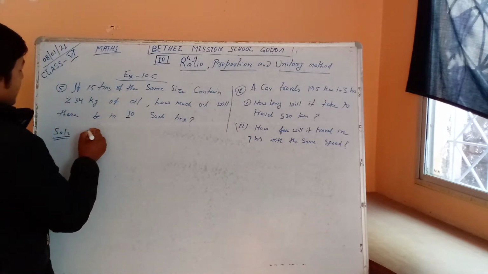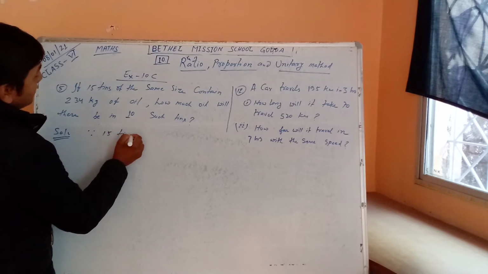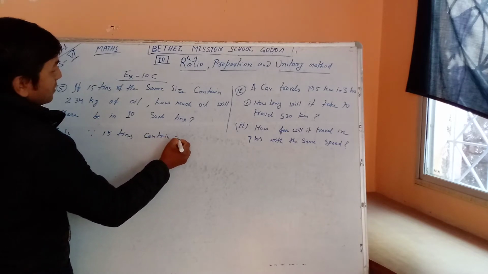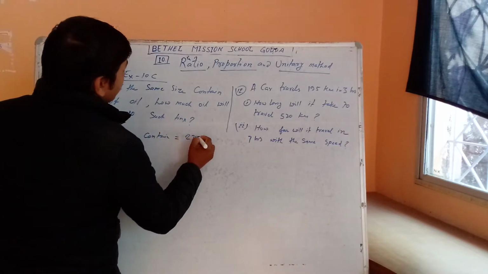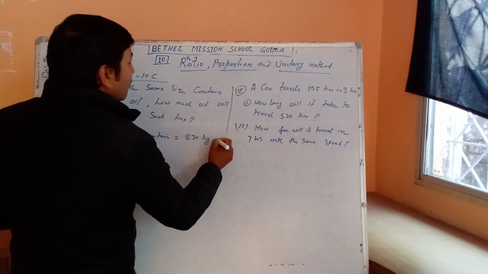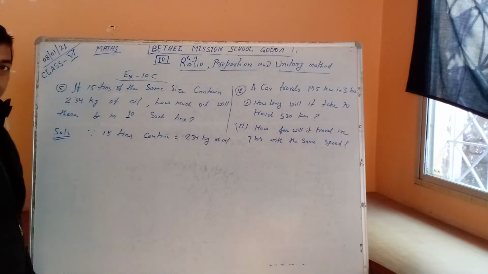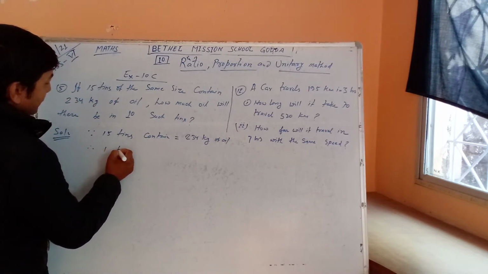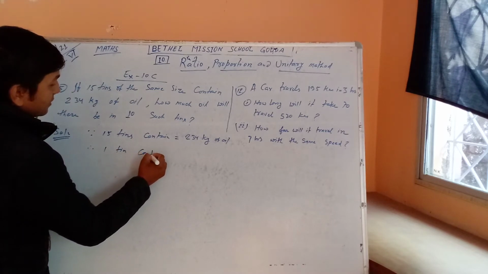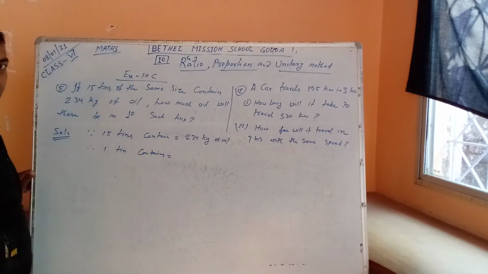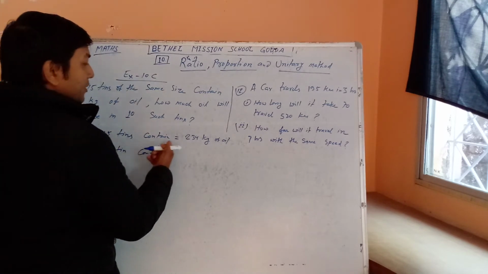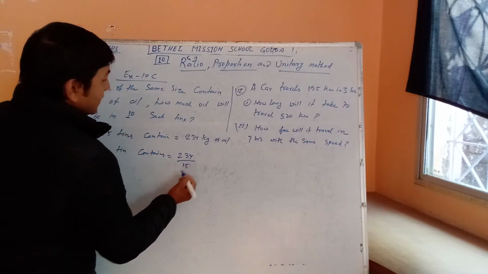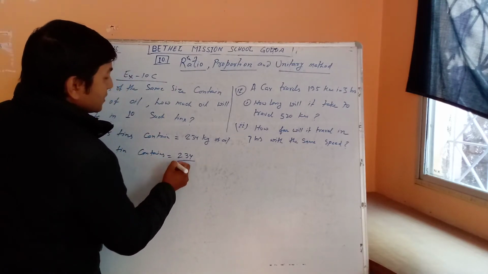Since 15 tins contain 234 kg of oil, one tin contains 234 divided by 15. You have to divide by 15.